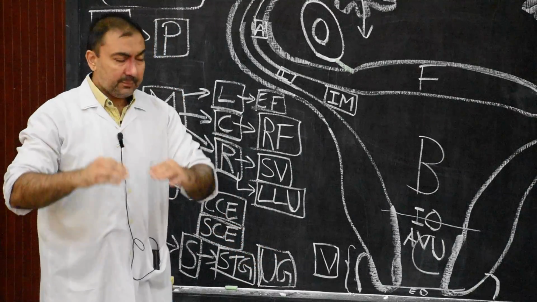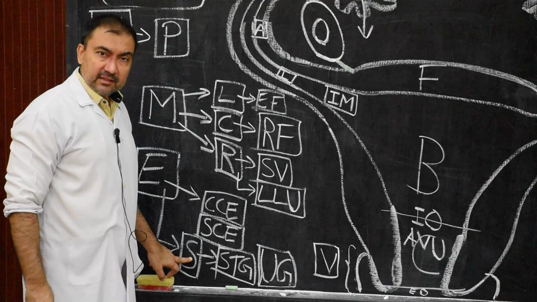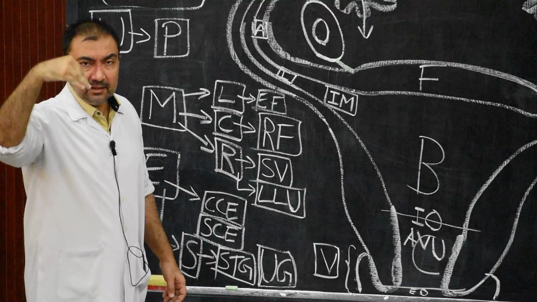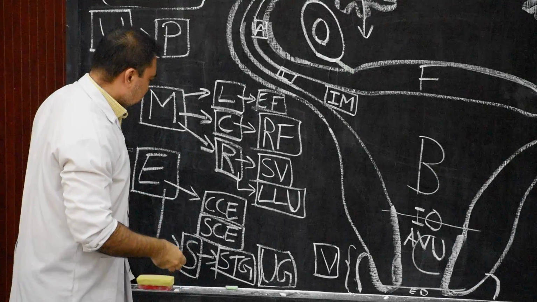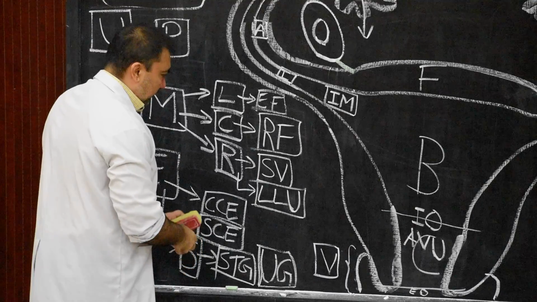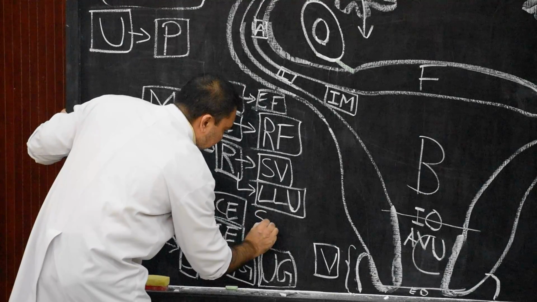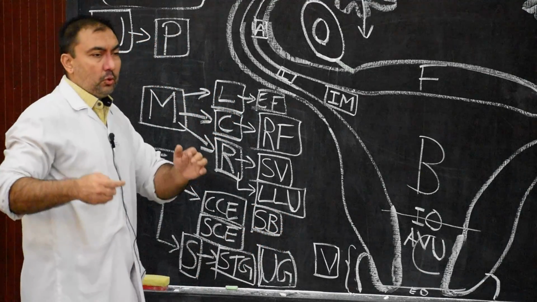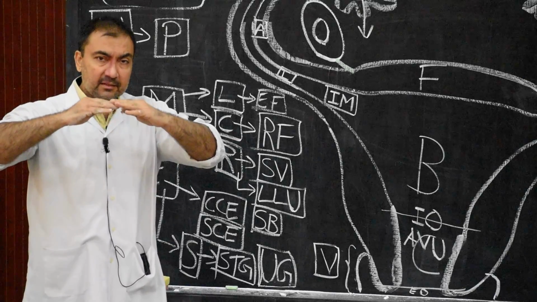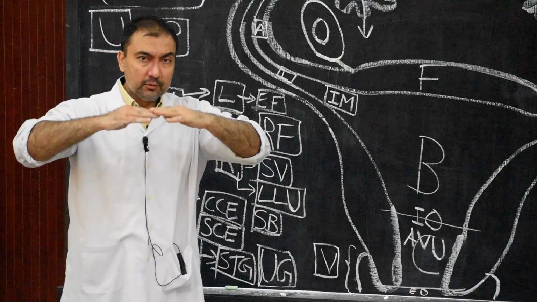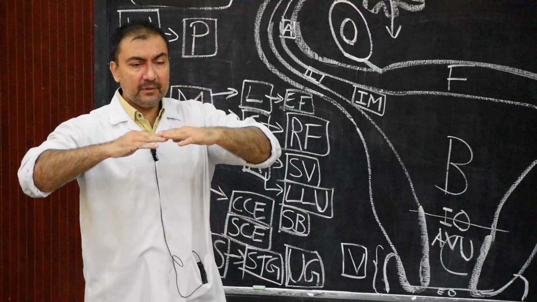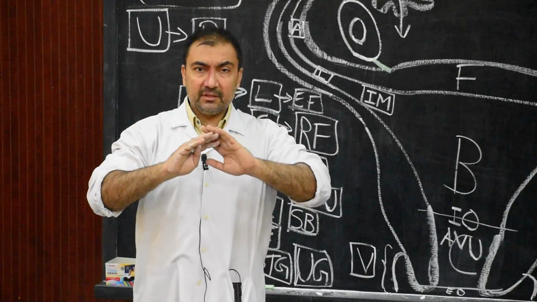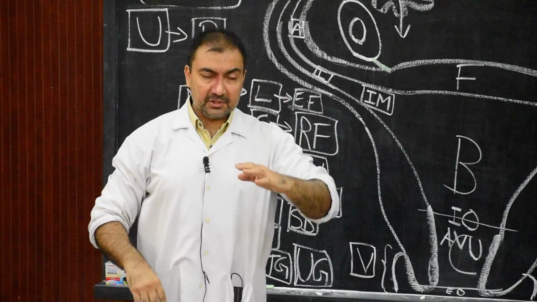Now the last segment is the stroma in the endometrium. We divide the entire endometrium into two layers, stratum basalis and stratum functionalis. The lowermost layer in the endometrium is the stratum basalis, which will not be shed or destroyed during menstruation; it will remain.